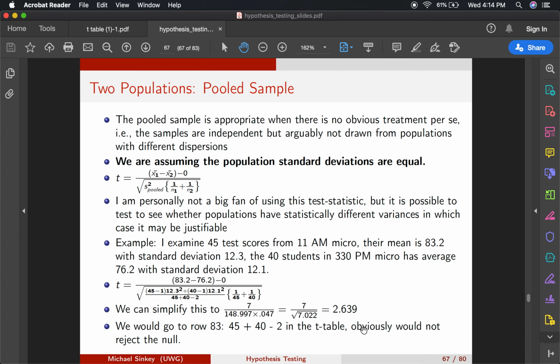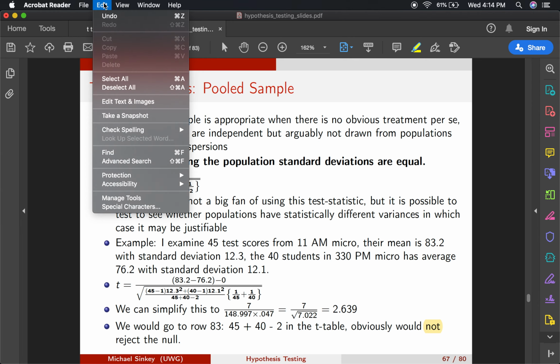Now, I'm going to reject the null. I know it says would not reject the null. I should reject the null here. So this is just a typo on my part. In fact, let me highlight this. And maybe I can scratch through it.